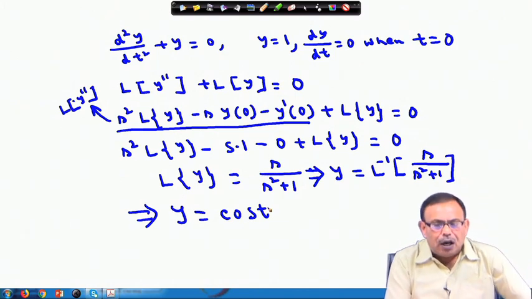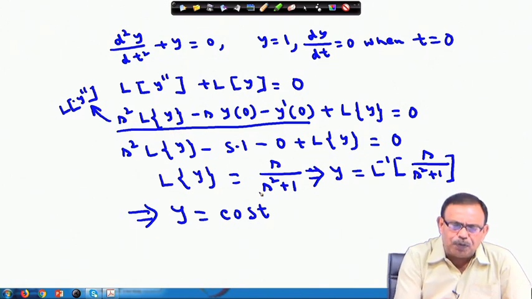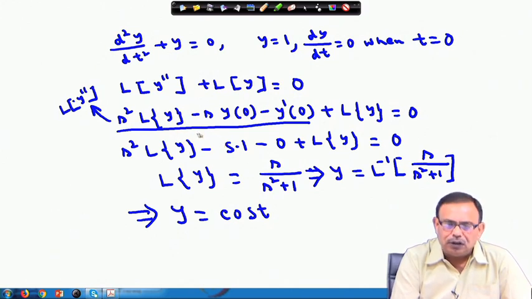So, you see, in very small steps, without doing much calculation, I am taking the Laplace transform on both sides of the given equation, and in that way the ordinary differential equation is transformed into an algebraic equation like this.